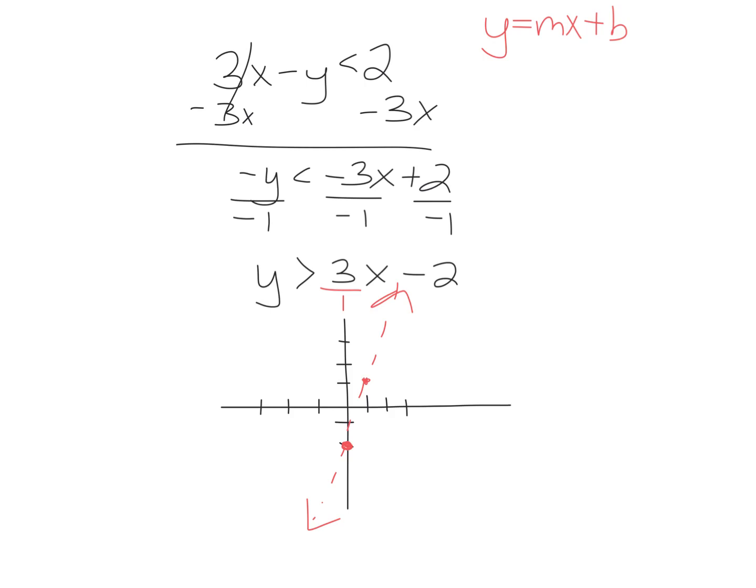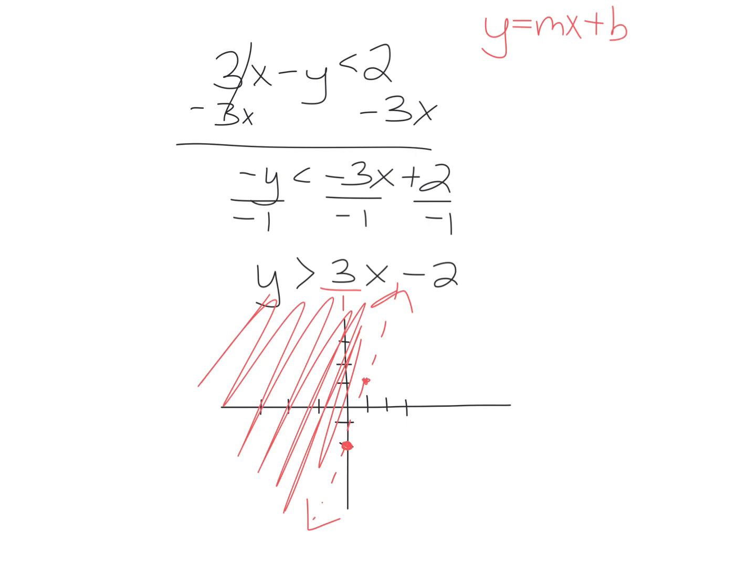One more step is to determine which values are true for this statement. It says y is greater than, so we're going to shade either up here or down here. If it's greater than, where are we going to shade? Greater than is up top. So we're going to shade here. Those are all your solutions.